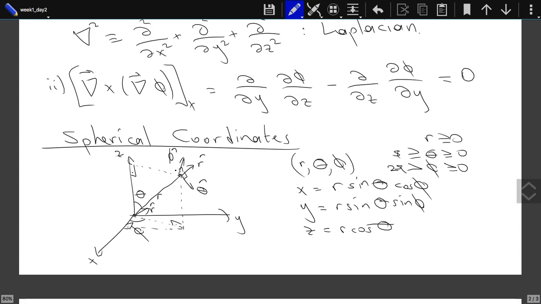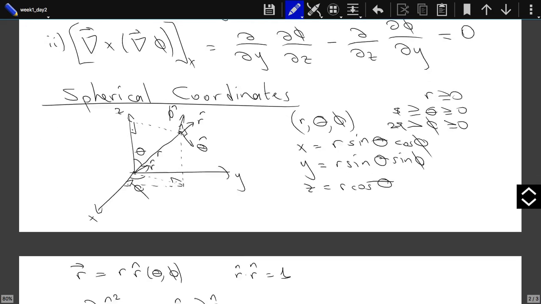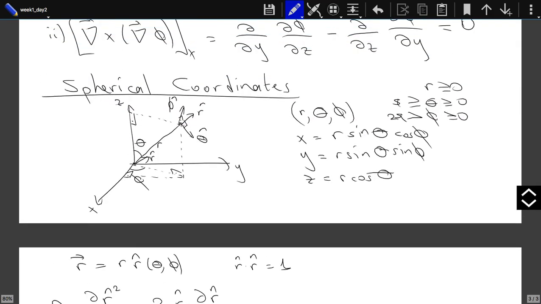Can you point out why there is a sine theta in front of it? Well, let's look at this picture. What is theta and what is phi? Okay, I started from, let's say, the z-axis. I rotate by theta. So that tells me that all these points on the circle have the same theta.